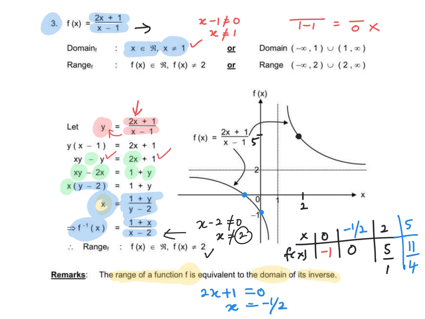So we have the coordinate 5 and 11 over 4. 11 over 4 is actually 2.75, so it should be somewhere here. When we have these two coordinates, we can connect these values, and this is the shape of the graph. So when it involves a rational function, we have this kind of graph shape.